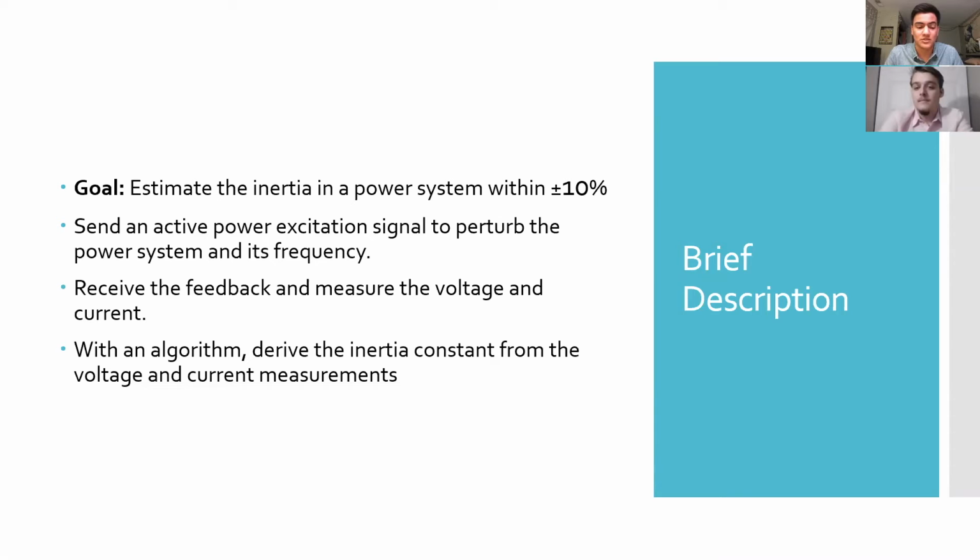With this disturbance, we're going to receive feedback with the OPRT, and we're going to get the measurements of the voltage and current from sensors. With these measurements taken, we're going to use the OPRT system and the algorithm that we're going to implement, and we're going to derive this inertia constant from the voltage and current measurements that were taken.